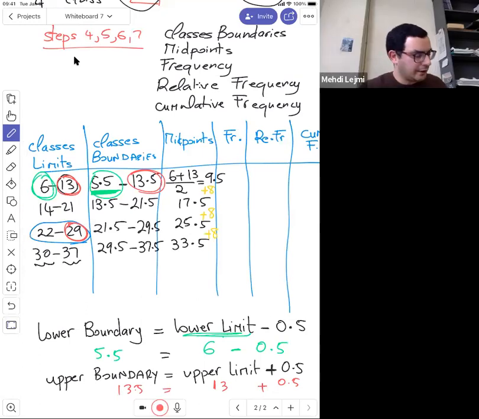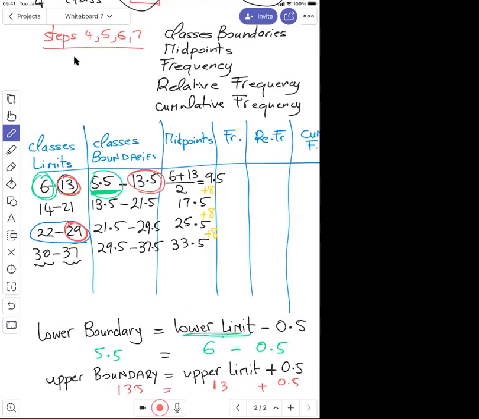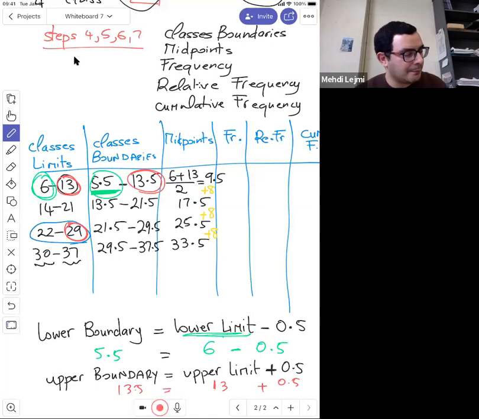All right. Then for the frequency, so you need to count. I have a question. Yes, please. So when you're doing the midpoints, you're just going off of the one before. You just keep adding those. You're not going over to the class boundaries, like 29.5 and adding the 37.5, and then dividing the total and adding 8?